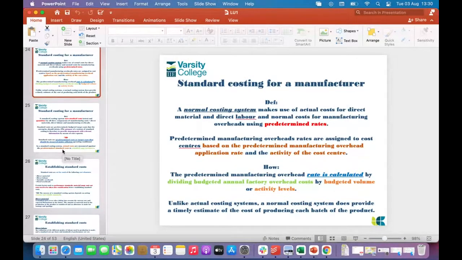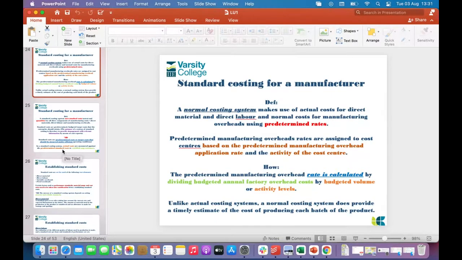A normal costing system makes use of actual costs for direct material, direct labor, and normal cost for manufacturing overhead using predetermined rates. This is what I was talking about, the allocation rate. Predetermined manufacturing overhead rates are assigned to cost centers based on your predetermined manufacturing application rate. We did this in activity-based costing towards the end of 2A, with the activity center.